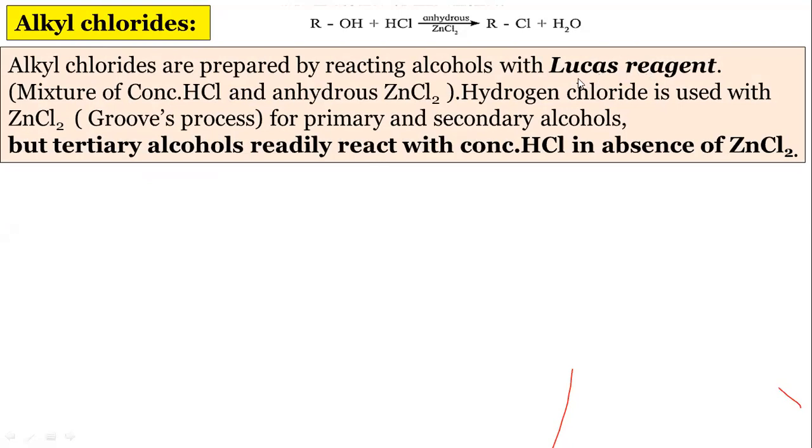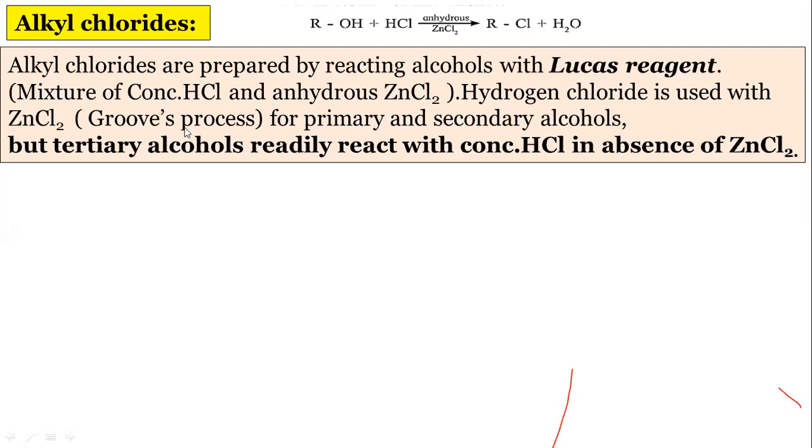Remember the name. This may be asked in your exam: what is meant by Lucas reagent, for 1 mark or MCQ? Alkyl chlorides are prepared by using alcohols with Lucas reagent, a mixture of concentrated HCl and anhydrous ZnCl2. The reagent is Lucas reagent and the process is called Groove's process.